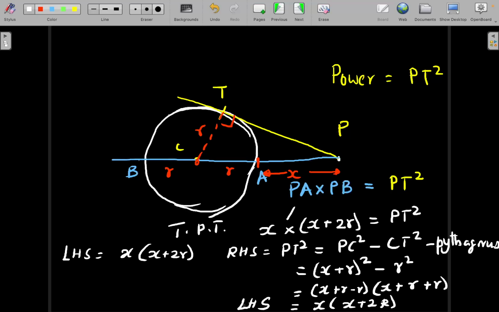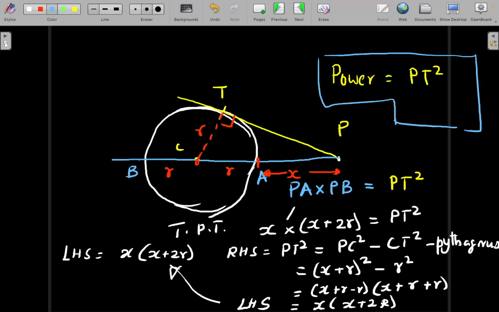As you can see, the LHS is right here, and with that we are done with the proof of the fact that the power of the point is also equal to PT square. That is, PT square is also equal to PA into PB, which is nothing but the power of the point.